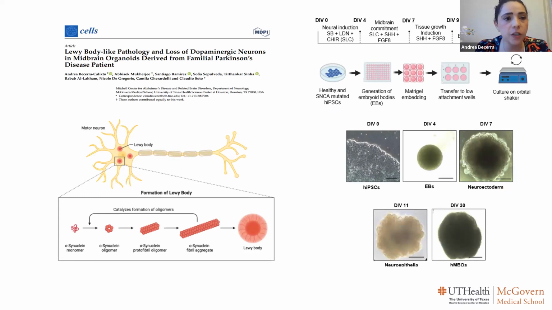This next model uses regional organoids. I developed this model of Lewy body-like pathology and loss of dopaminergic neurons in midbrain organoids. In this case, we try to mimic the Lewy body pathology in the midbrain.